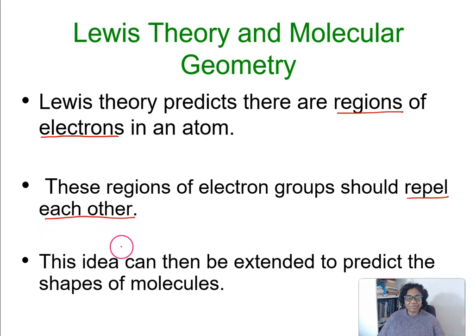So that's what Lewis theory is predicting: that you have regions of electrons, and these electrons will repel each other. This idea can then be extended to predict the shape of molecules. So we can extend this idea to predict the shape of a molecule.